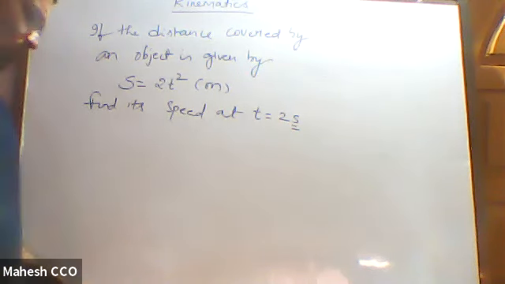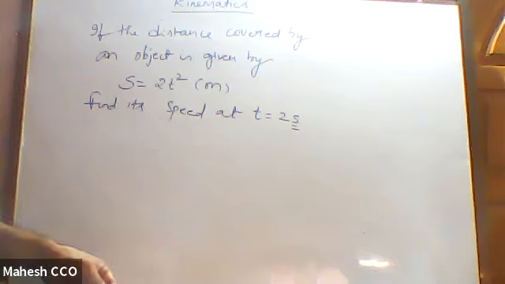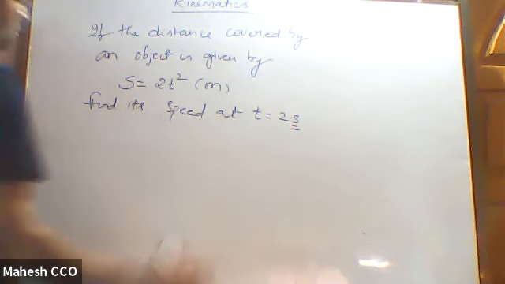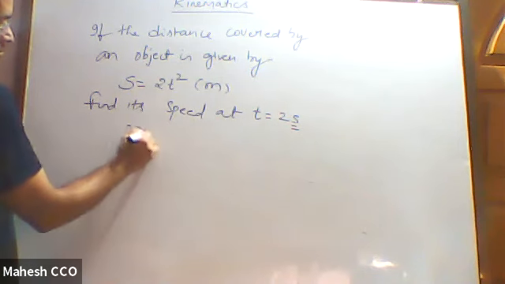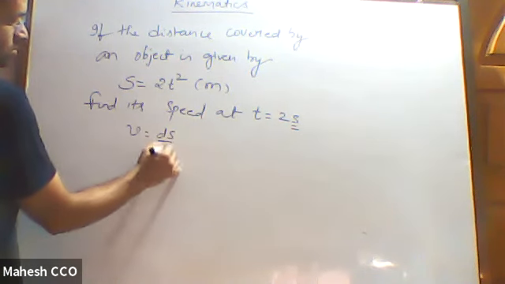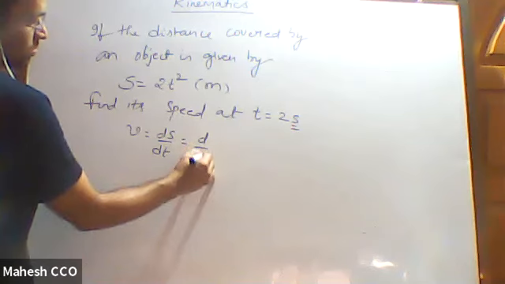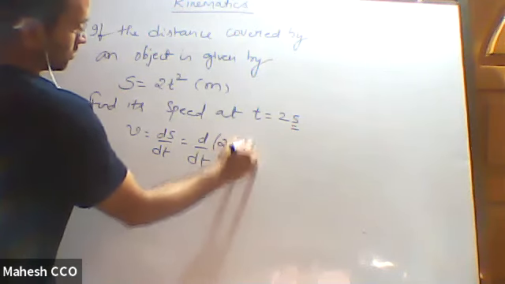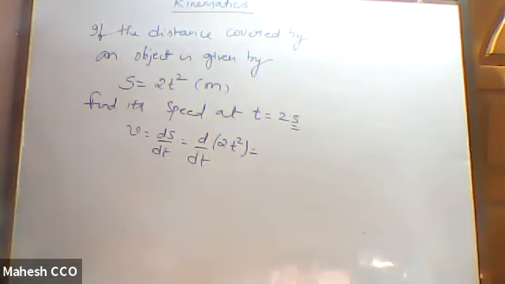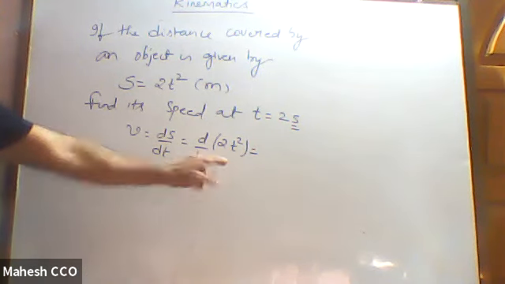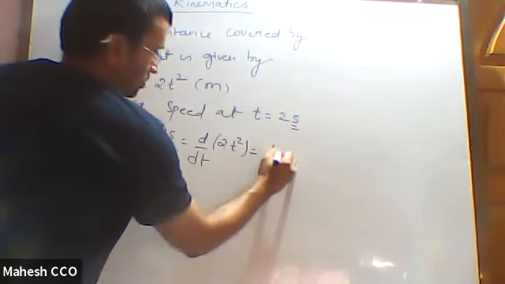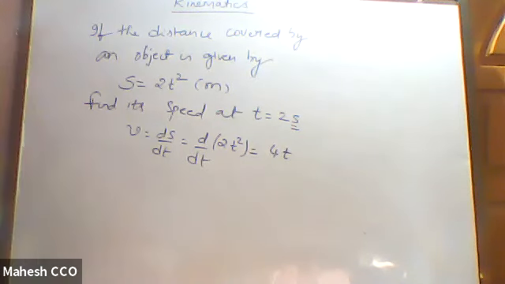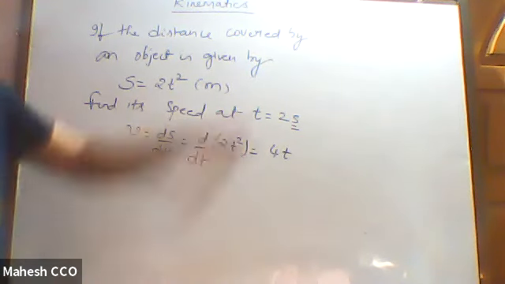Fairly simple question. You're asking speed. d by dt of t square is 2t, into 2 you have to do because there is a 2 already. So it is 4t. At any time t, the speed is 4t.